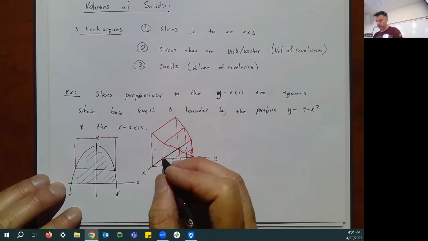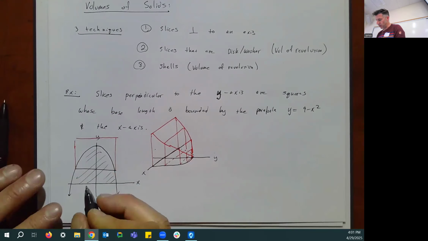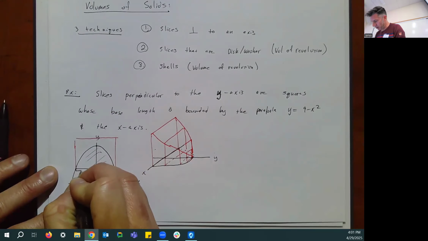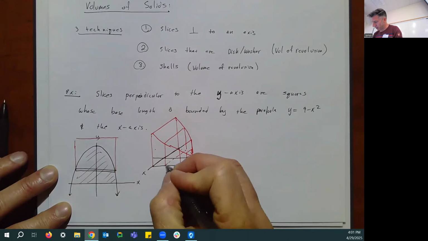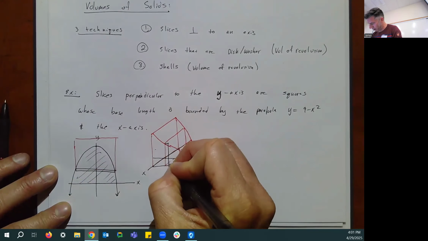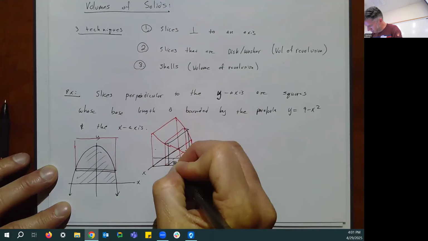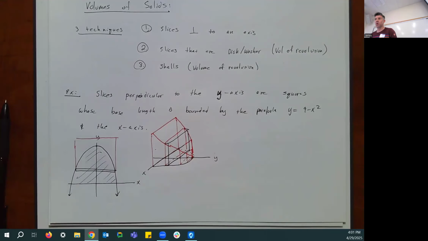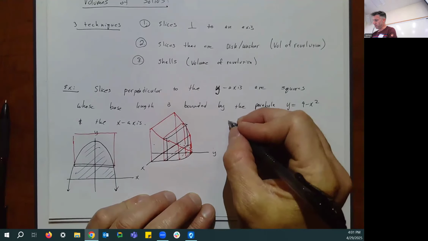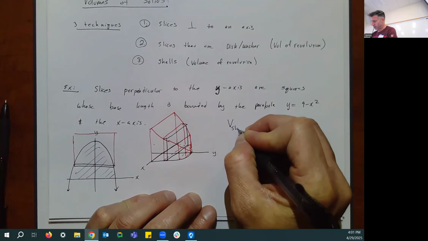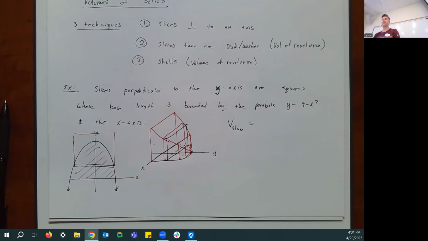Okay, so now we have to figure out how to set this up. What I'm really going to look at is a little slice here, which is going to correspond to a slab of square. So I want to find the volume of that slab. Well, it's 3-dimensional.